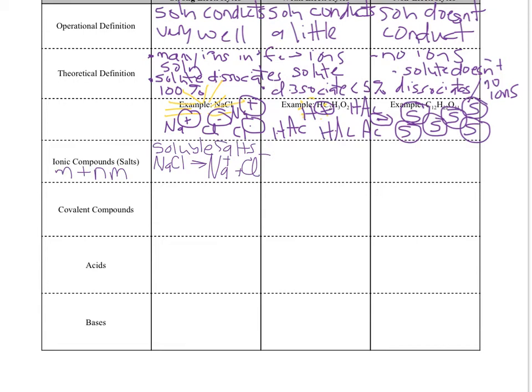When we take this salt and dissolve it in water, we end up with no salts left, and 100% of what we have in our solution are sodium ions and chloride ions. So that is 100% dissociated.